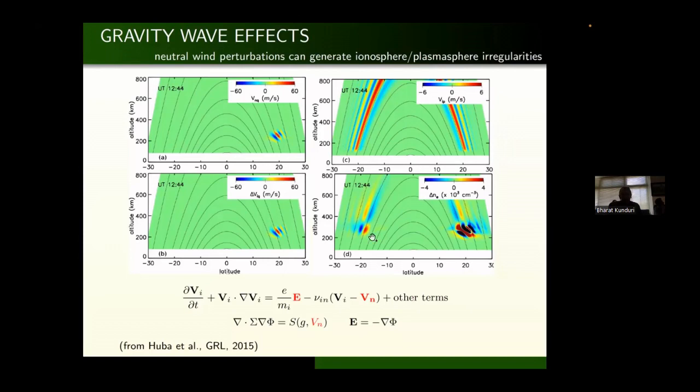And then the bottom right is the impact on the density. It's oversaturated, so major perturbations are local, given the localized nature of this disturbance, but also in the conjugate region, tens of thousands of kilometers away, you can perturb the density. So even though you might be perturbing the system in one place, it can have far-reaching effects, in fact going to high altitude and to the conjugate region.